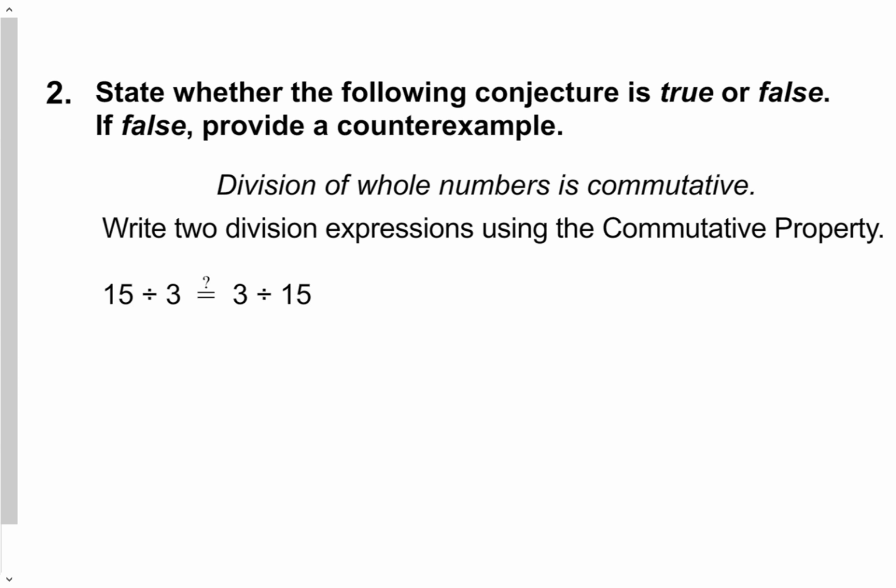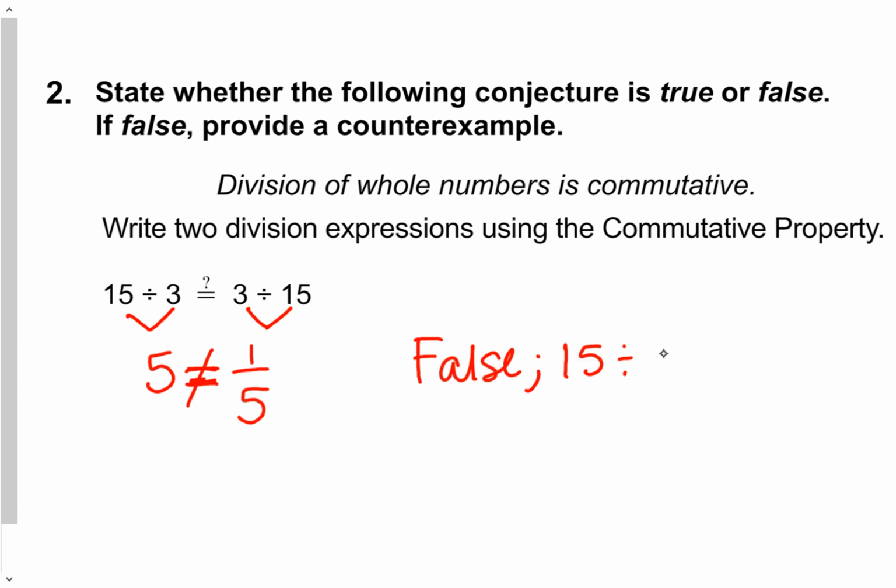In this case, 15 divided by 3 equaled 5, but 3 divided by 15 equaled 1/5. So this is false because the answers did not equal each other. When they ask you to provide a counterexample, this is your counterexample. This is the example that proved that the statement was false.